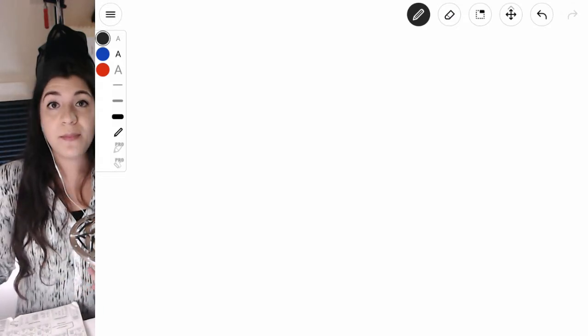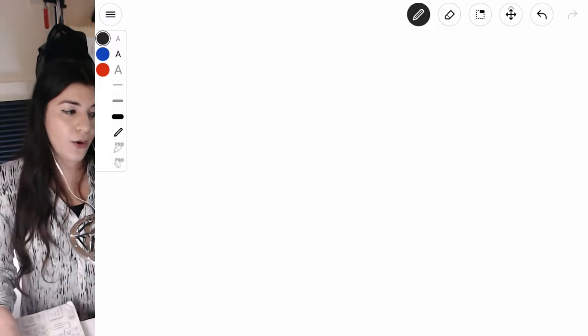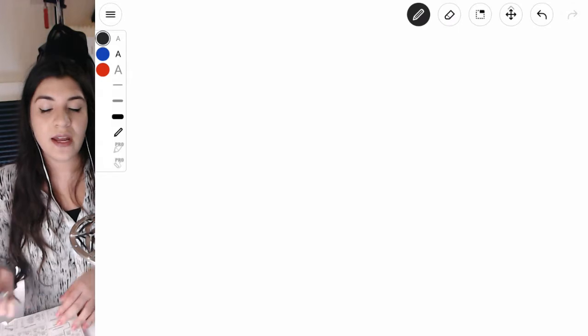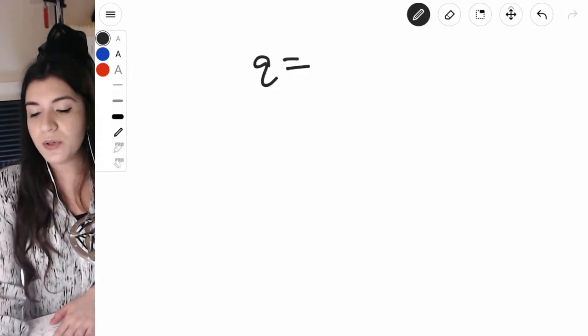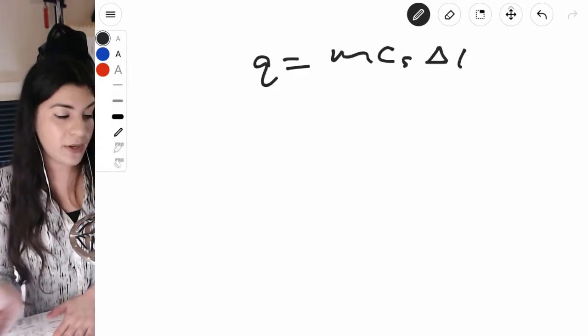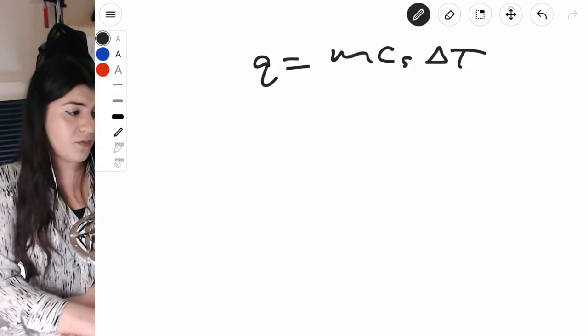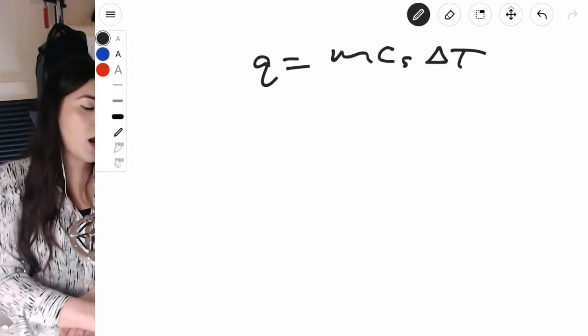Calorimetry, whether it be Q equals mcΔT, I can quickly go over what Q equals mcΔT. That's the main thing for calorimetry, but there's a lot of aspects to it. But I'll quickly do one and explain how you would use this. But let me know if there's something specific to help answer your question better.